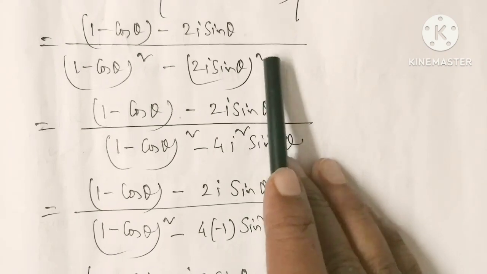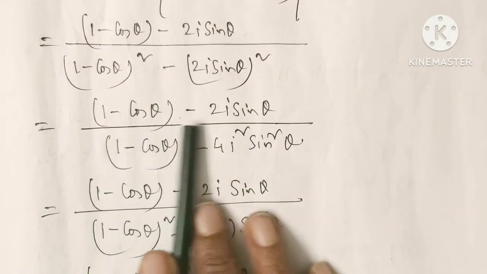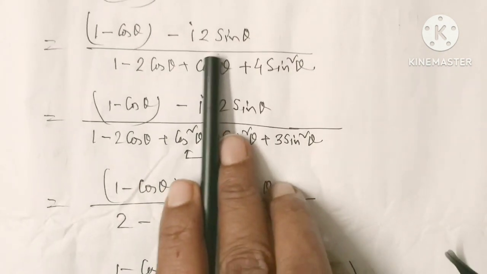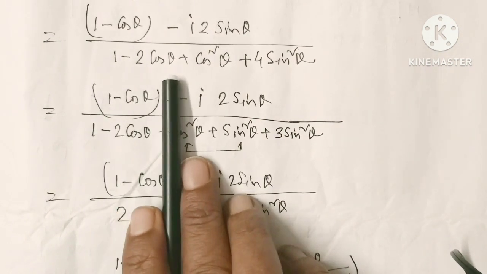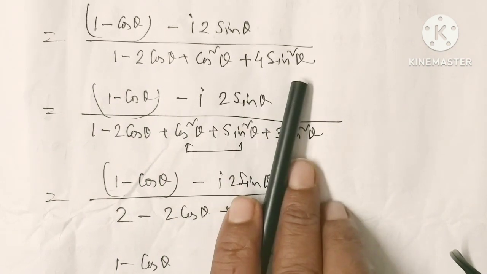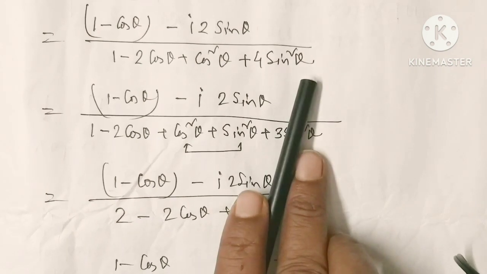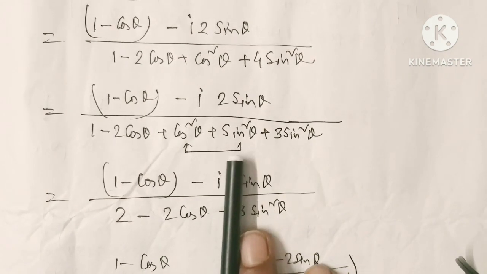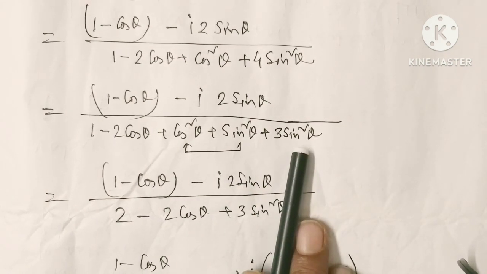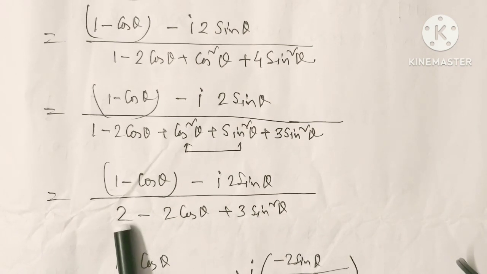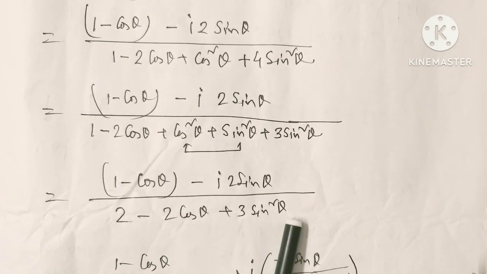(2i sin theta) whole square, and by simplification we get (1 minus cos theta minus i 2 sin theta) by (1 minus 2 cos theta plus cos square theta plus 4 sin square theta). This 4 sin square theta is sin square theta plus 3 sin square theta, and cos square plus sin square becomes 1, and in the denominator we get 2 minus 2 cos theta plus 3 sin square theta.